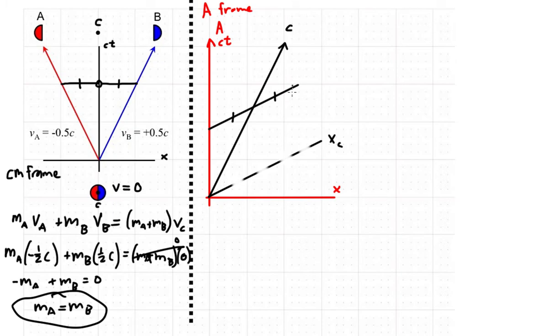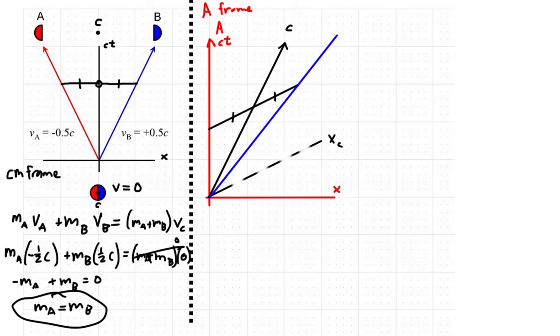So B now has to pass through this point. I'm going to draw B's world line. So here's the explosion, and then B has to pass through that point. That's about right.